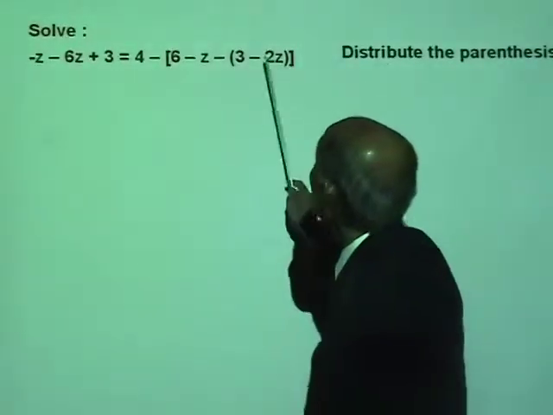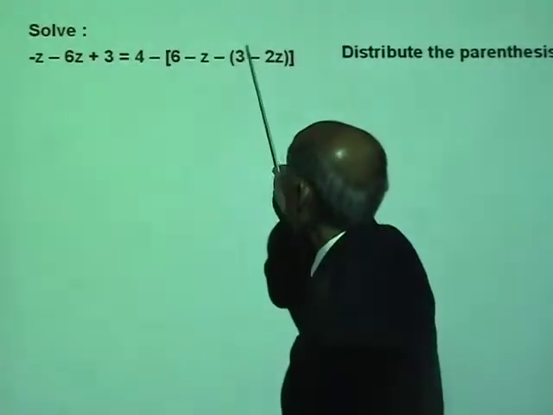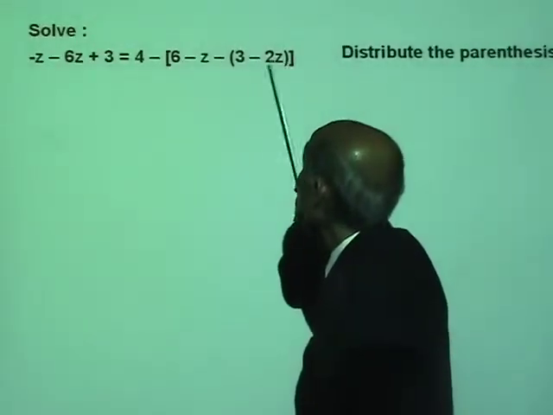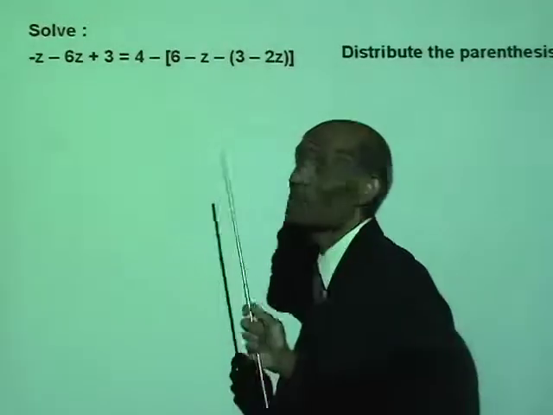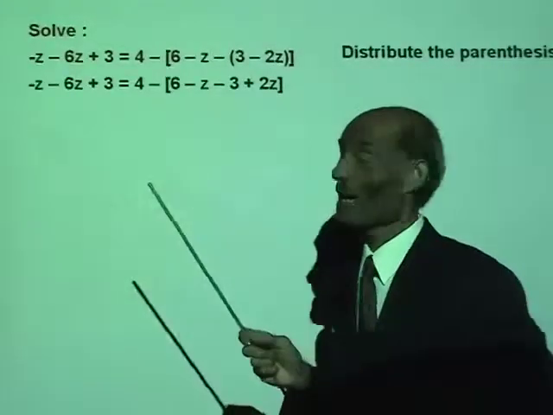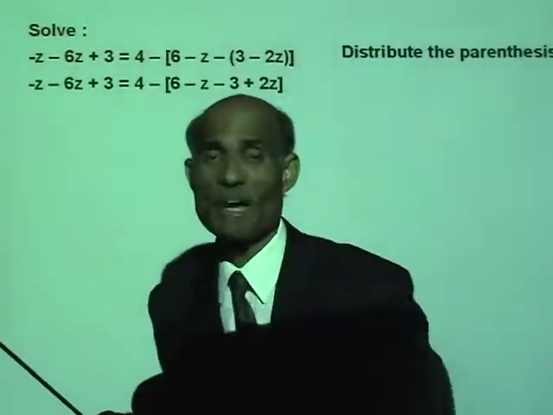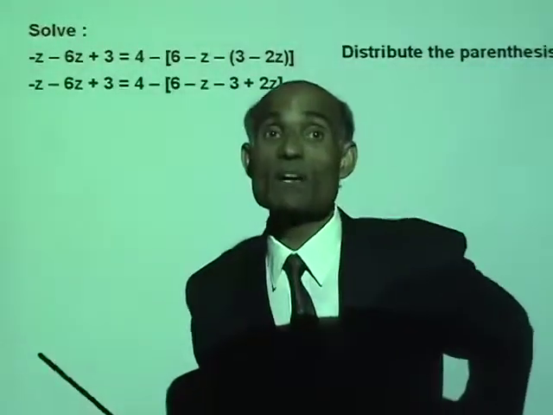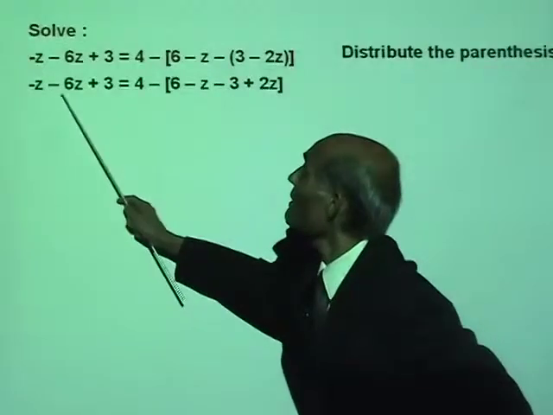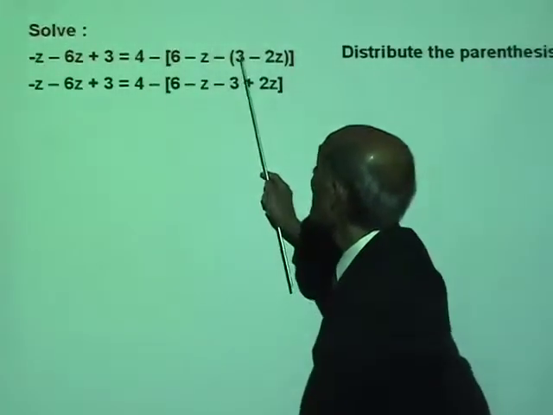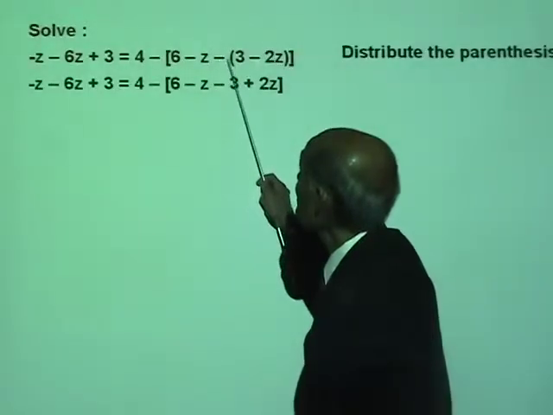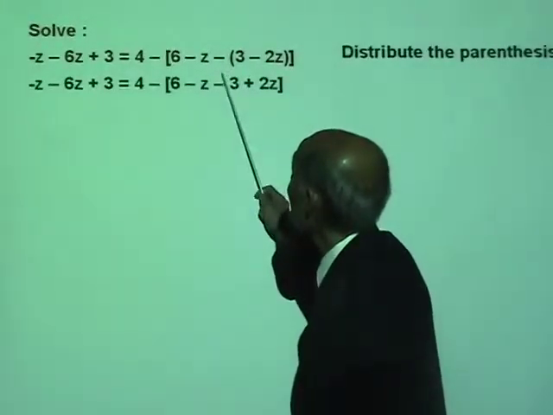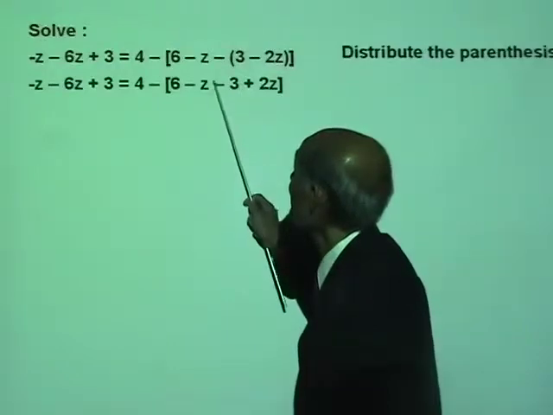So distribute the parenthesis. Distribute the parenthesis means distribute this negative 1 into the parenthesis. Look at the way I did that. Now everything else remained the same. All these are the same. I just want you to watch here. This is a negative 1. Negative 1 times 3 is minus 3.